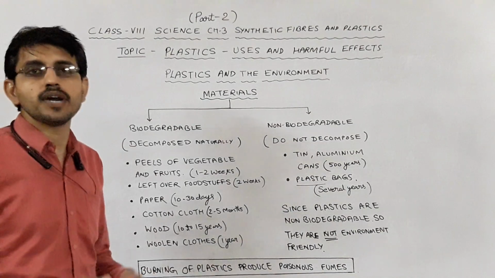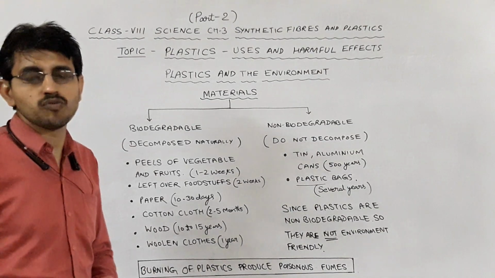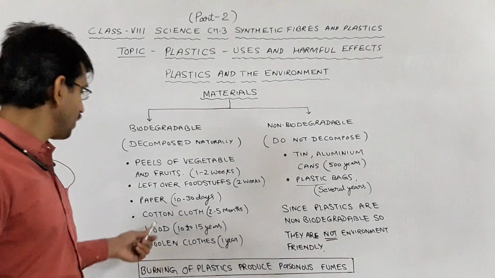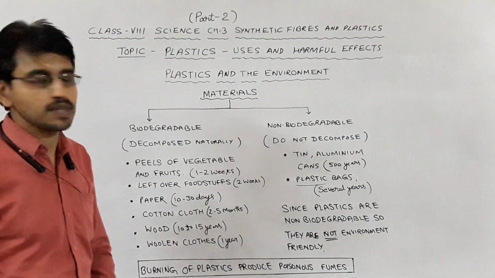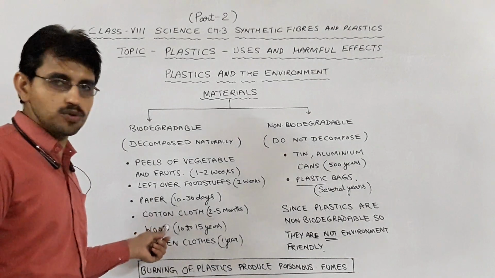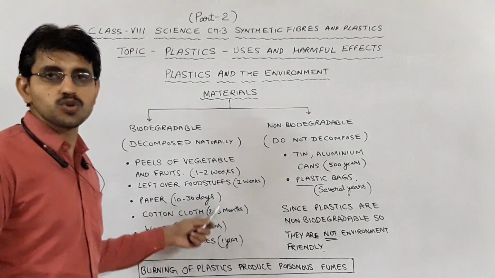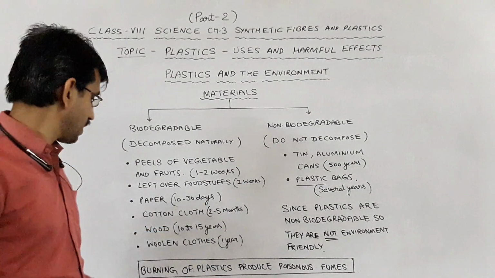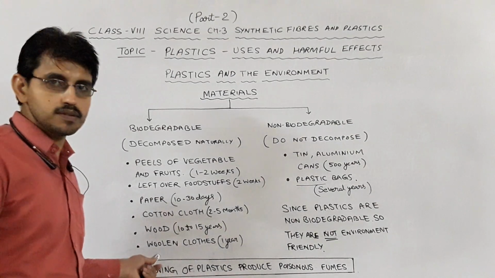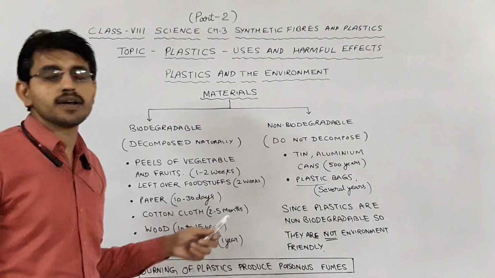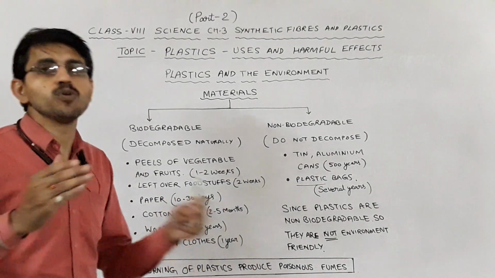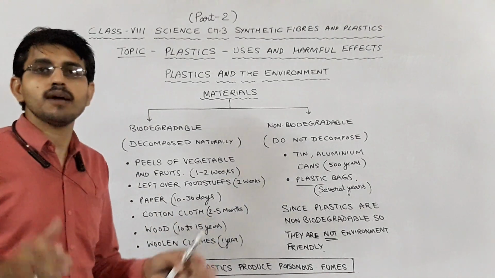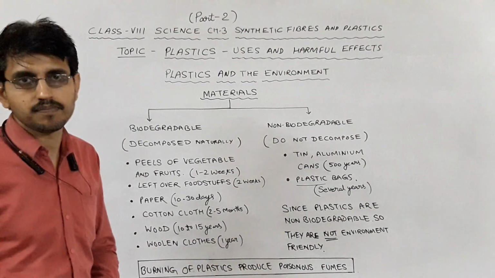You know, paper is made from wood pulp. Wood pulp comes from wood, but wood takes 10 to 15 years to decompose. Cotton cloths that we use get decomposed in 2 to 5 months. Woolen cloths get decomposed in 1 year. But all these substances get decomposed, so we call them biodegradable.